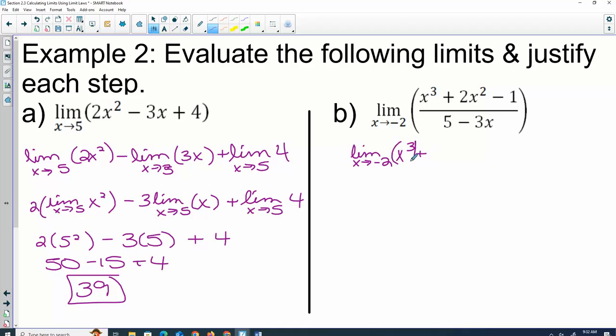plus, what would I have to do with the 2 on this one? So 2 times the limit as x approaches -2 of x squared minus limit as x approaches -2 of 1.